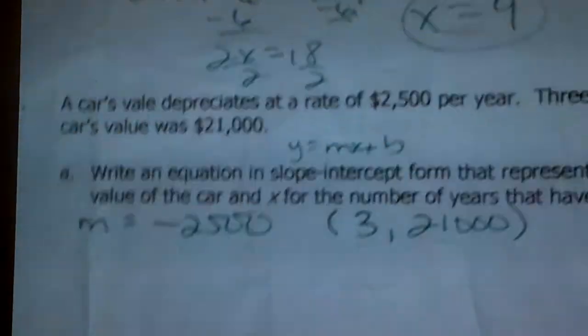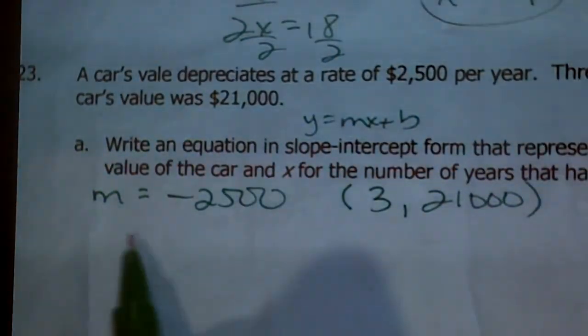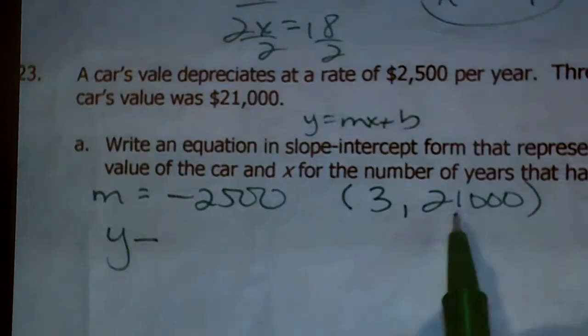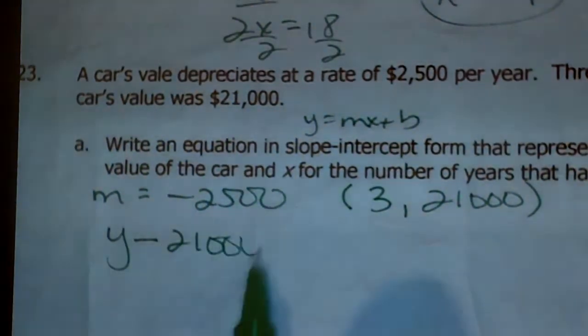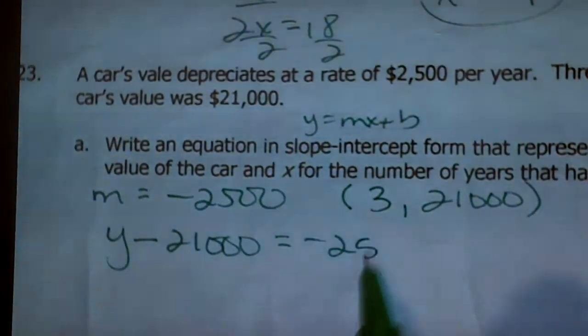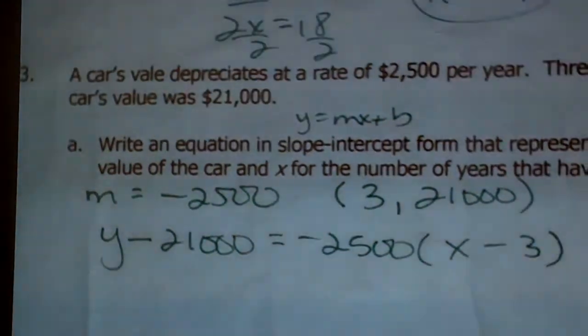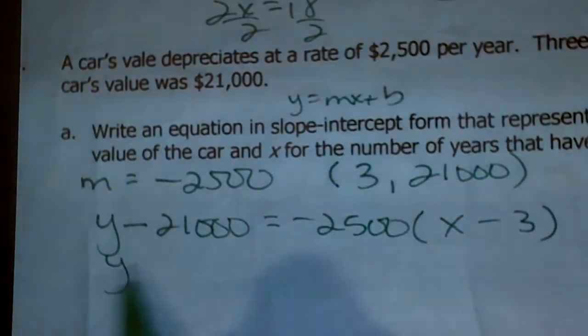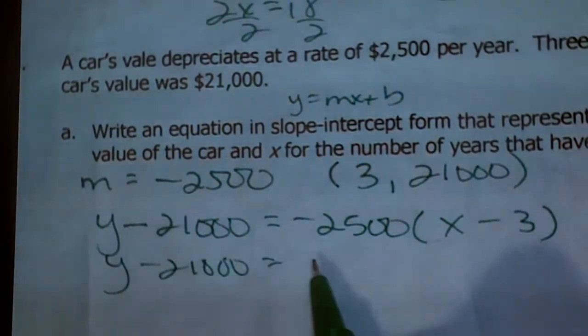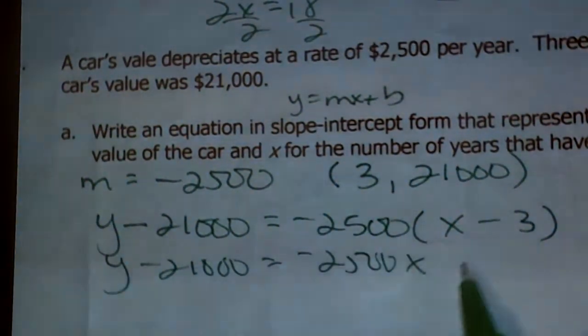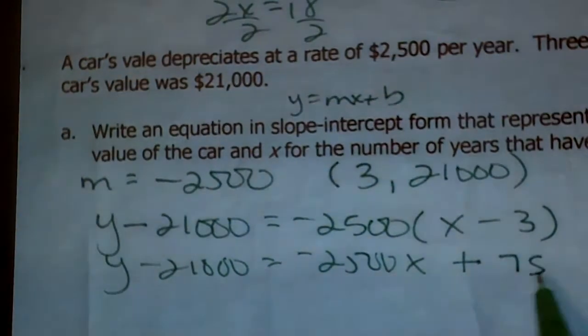This is the toughest one, isn't it? So here we go. I'm going to say y minus y1, which is 21,000, equals the slope times the quantity of x minus x1. Then I'm going to distribute. So I get negative 2,500x plus 7,500.